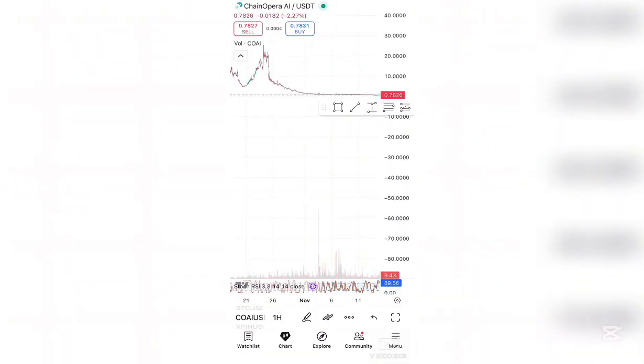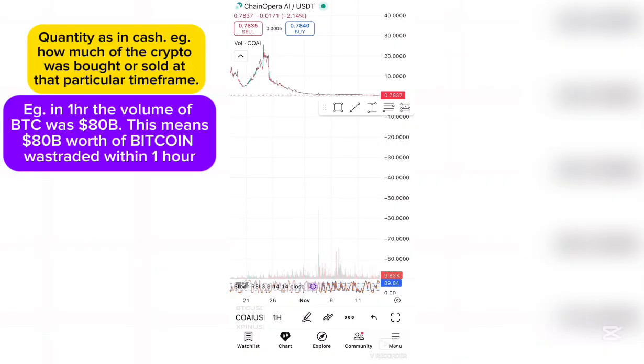The value of the volume is what you see at the lower right corner, the 9.4k. Volume simply means the quantity of the crypto that is being traded at a particular time frame.